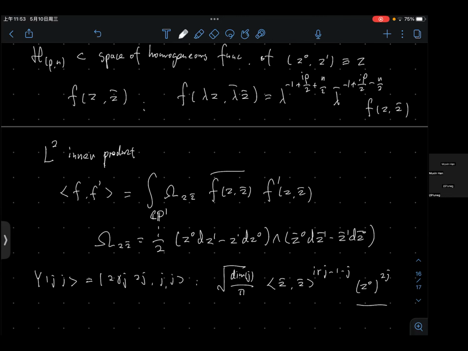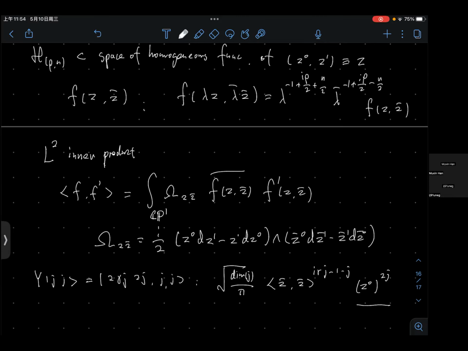Okay, so the second part is just an SU2 state written in terms of that, because the SU2 Hilbert space is homogeneous functions, but also holomorphic functions. So holomorphic homogeneous functions actually give you the SU2 representation.